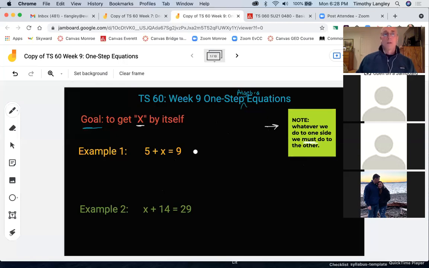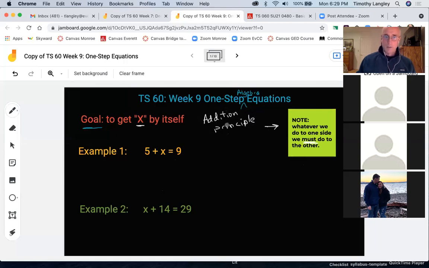So I want to talk about example 1 here. 5 plus X is 9. I want to get X by itself. So we could call this the addition principle, spelled L-E.